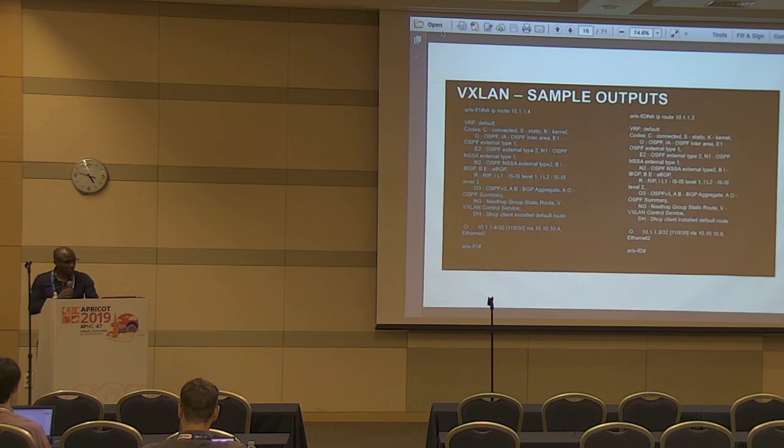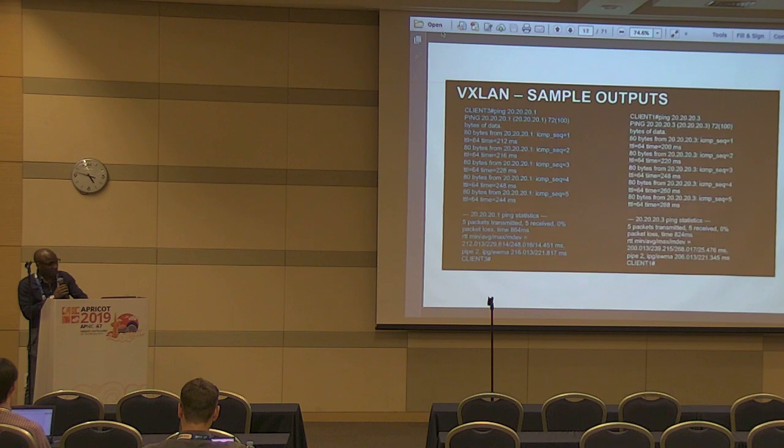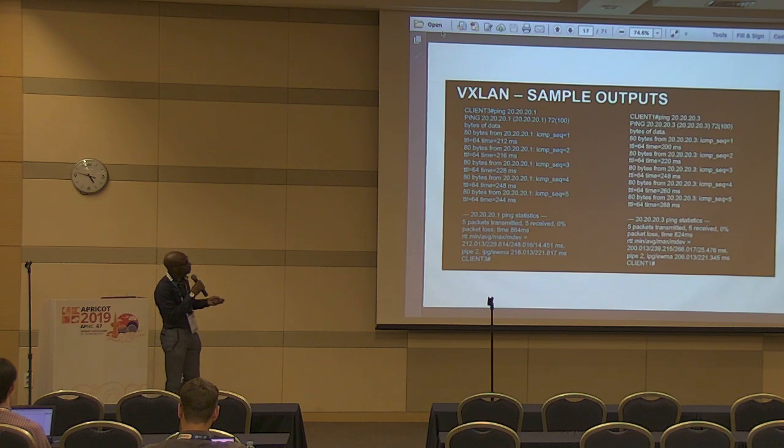For your underlay network, here I've opted to use OSPF as my IGP, just to learn my loopback addresses. And from the client perspective, I've got connectivity through just a native ping across.